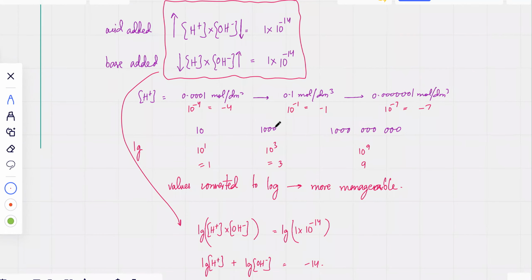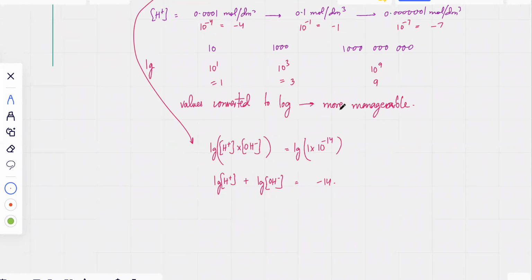So when you take log, you always get a negative value, like minus 4, minus 1, or minus 7. You'd be plotting a graph of negative values, so it's much better to multiply everything by minus 1 so that we don't get negative values. Is this clear?